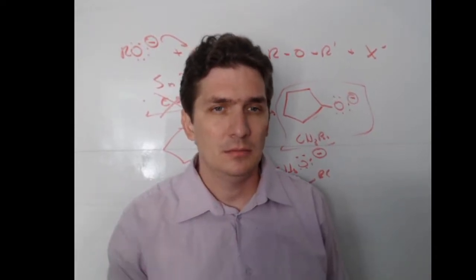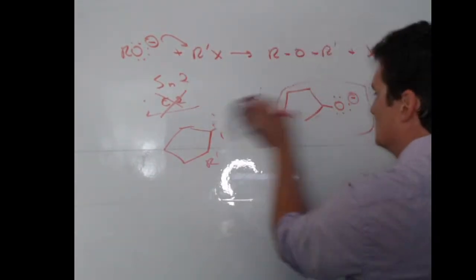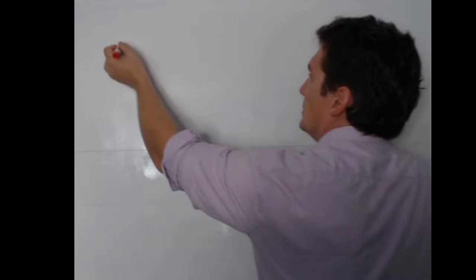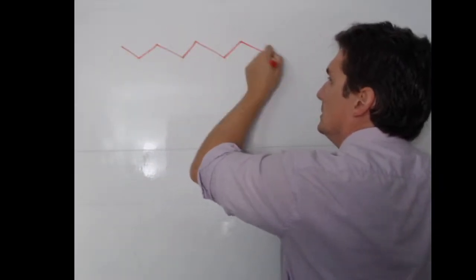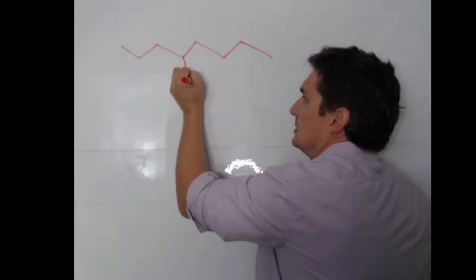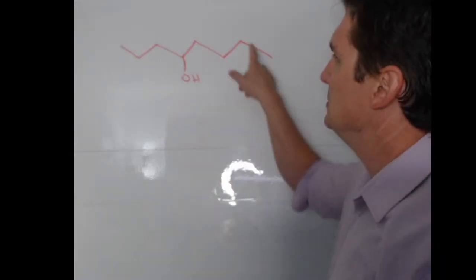So, how is this octanol? In one of the packet problems, you got this. And the question is, how is this octanol, not heptanol? Heptanol is 7 carbons, so 1, 2, 3, 4, 5.